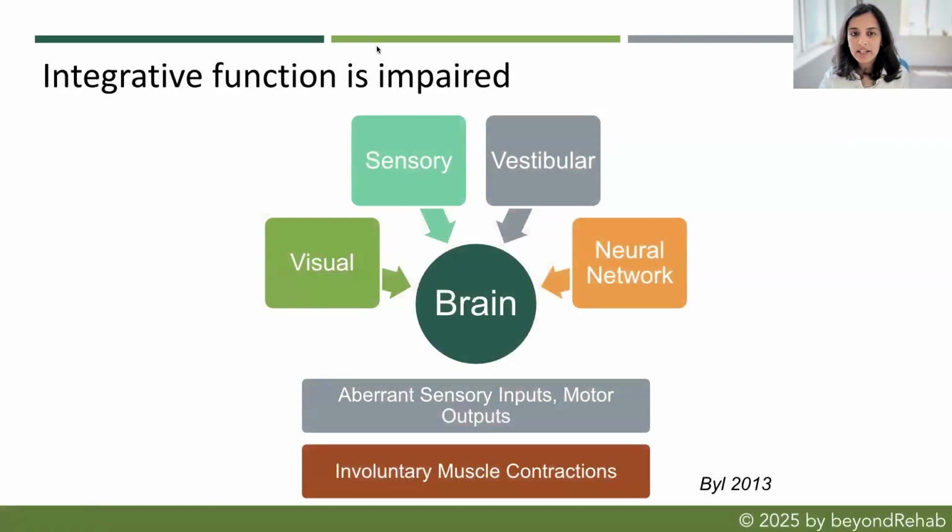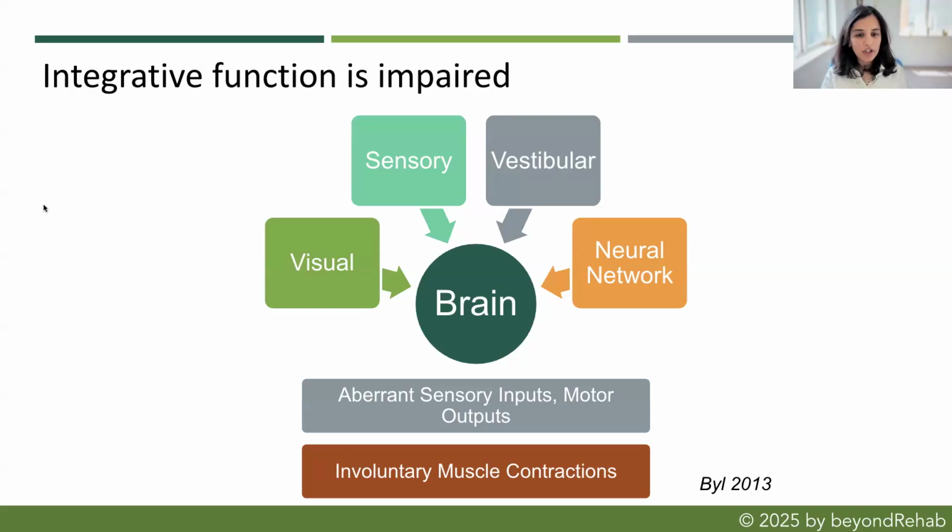The other thing I wanted to talk about is the changes in sensory motor processing. There have been multiple studies, especially those by Nancy Bill, on the changes in sensory inputs. There are discrepancies in the processing of sensory input, which result in changes in the motor output and an increase in involuntary muscle contractions.